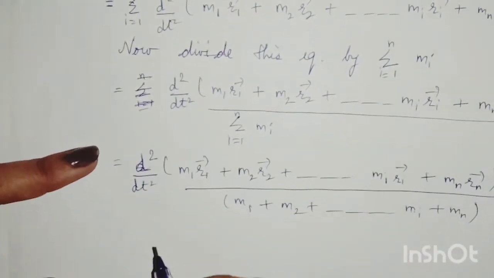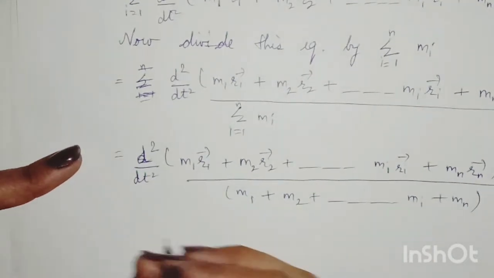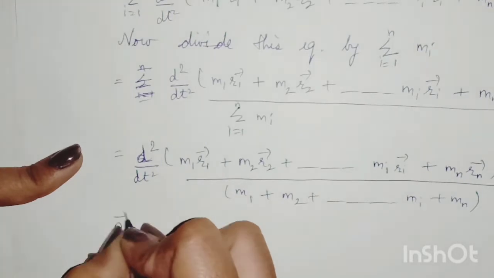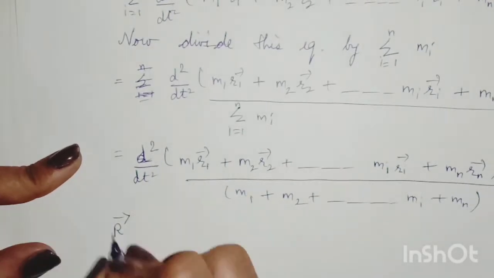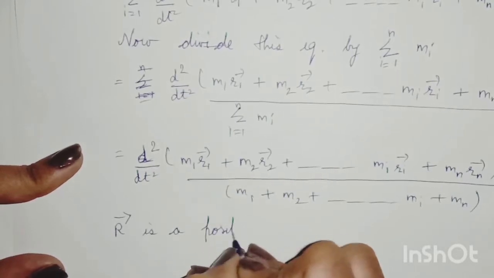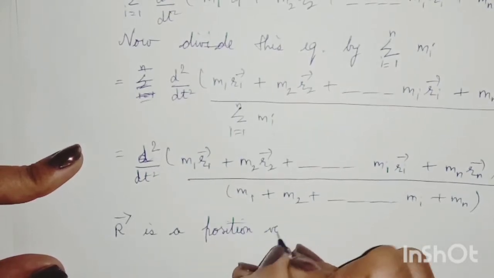Now here we have the R vector, which is a position vector.